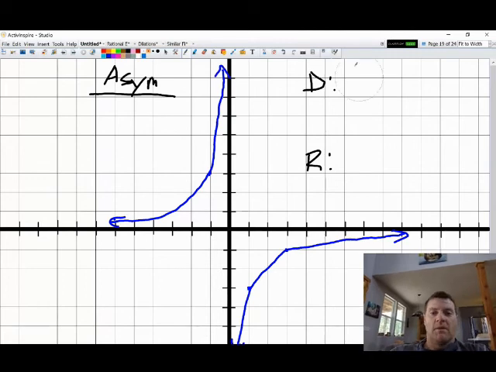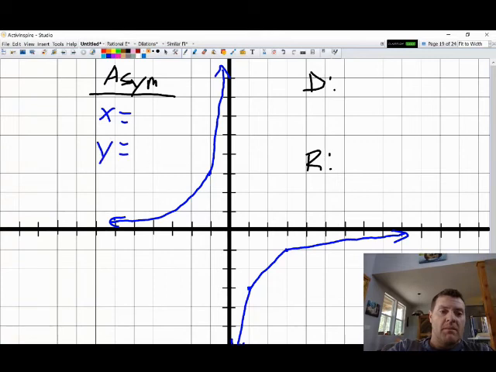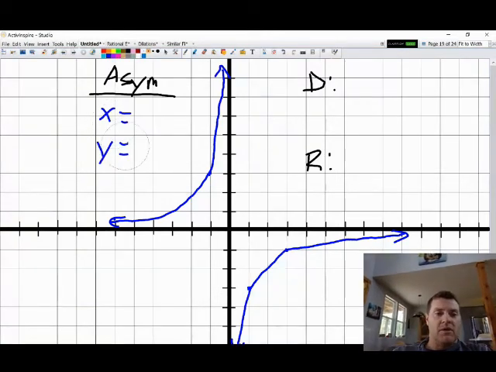Okay, so let's talk about our asymptotes first. It's going to be a horizontal asymptote and a vertical asymptote. My horizontal asymptote, remember that's this line here, is going to be y equals something. Where is it never going to cross?